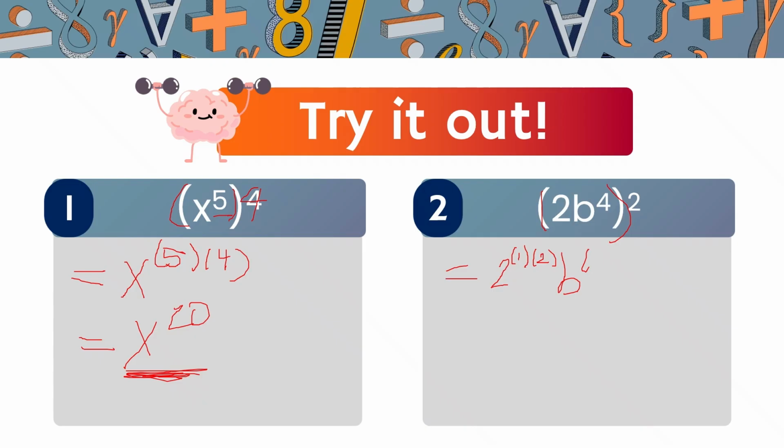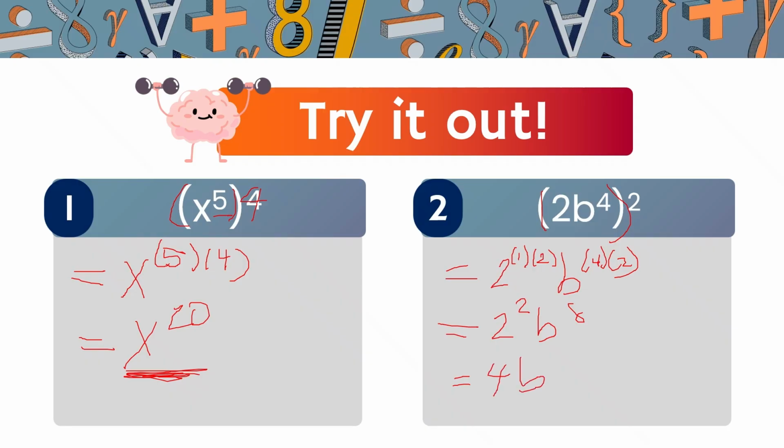We have 4 times 2. So we have 2 raised to 1 times 2, that is 2 raised to 2, times b. 4 times 2 is 8. b raised to 8. So our final answer is 2 raised to 2, which is 4, times b raised to 8.